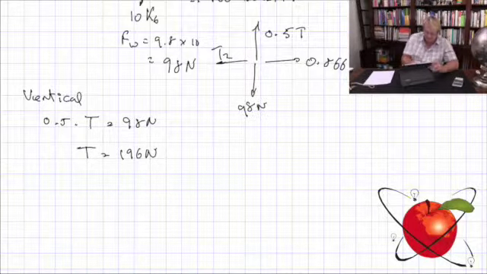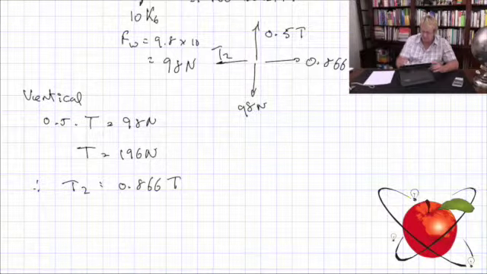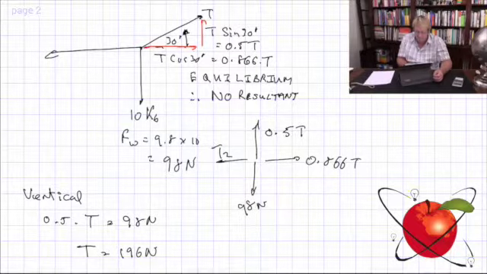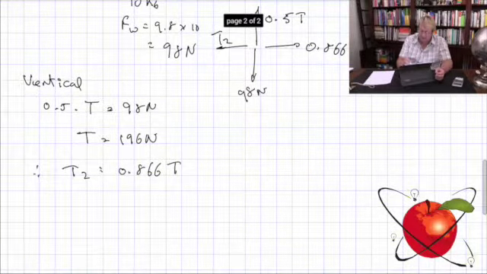So therefore, T2 must be equal to 0.866 times T. Correct? Because let's just scroll it back and have a look. Can you see there? T2 must be equal to 0.866 times T. Now we can work out what T2 is going to be.